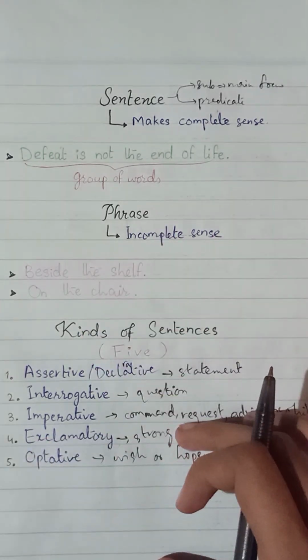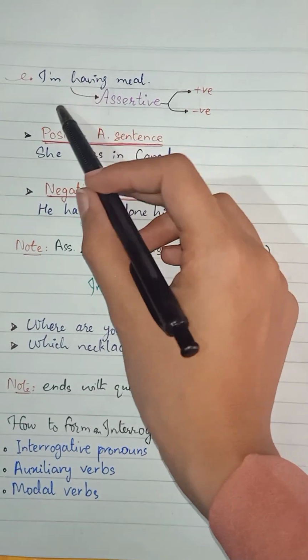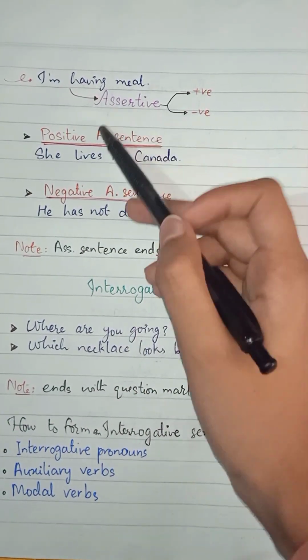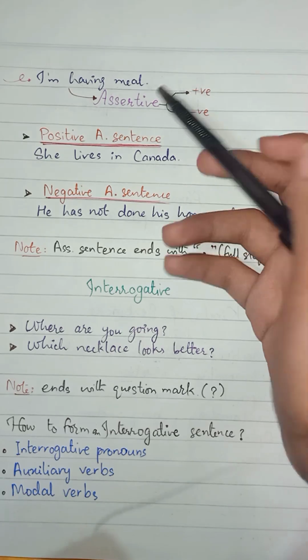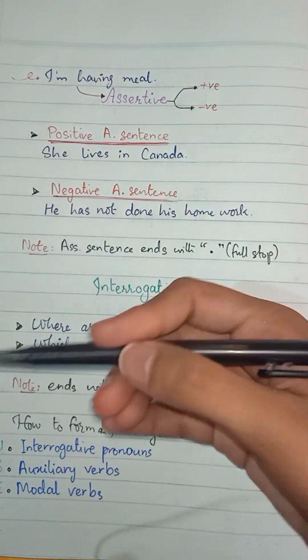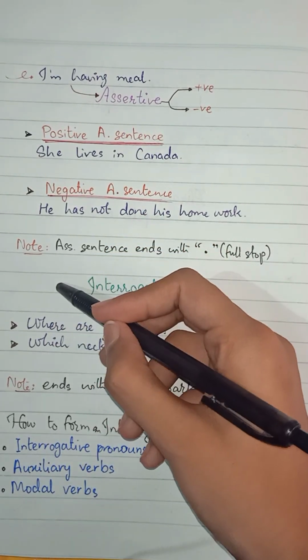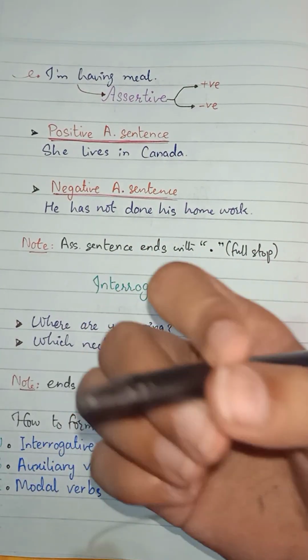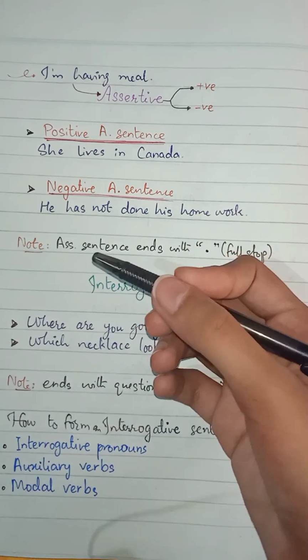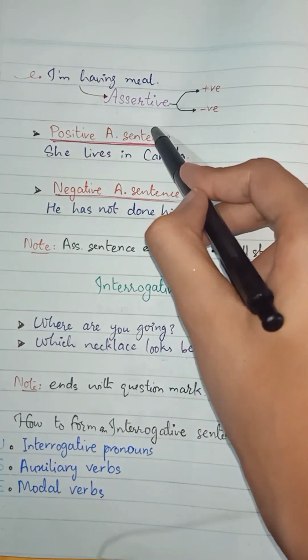So these are the 5 kinds of sentence. So here's a sentence. I'm having a meal. मैं खाना खा रही हूँ, right? So it is simply describing the state you're currently in right now. So a sentence that gives a statement, that declares something, is an assertive sentence, okay?